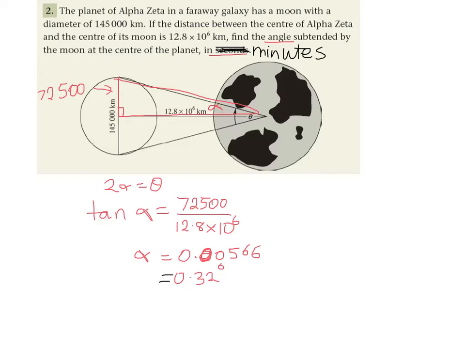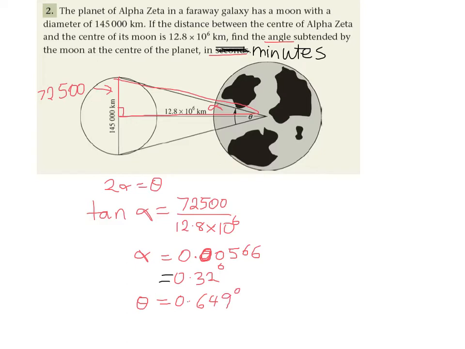Just making sure you do this on your calculator as well. So that's what alpha is. So that means theta, which is that whole angle, is going to be 2 alpha. So times that answer by 2, and you'll get 0.649 degrees.